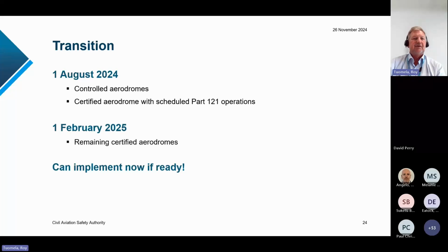So the transition. We've already had the first transition for controlled aerodromes and certified aerodromes with scheduled Part 121 operations. That occurred on the 1st of August this year. The main feedback was about getting all of the agreements in place between the aerodrome operators and ATC.